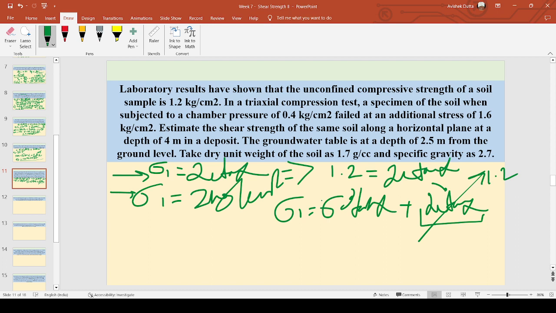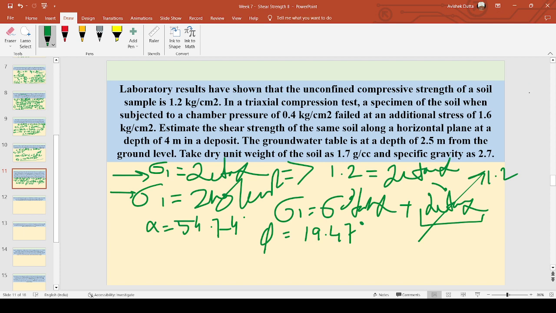The value of alpha we get from here is 54.74 degree, and hence the corresponding value of phi is approximately 19.47 degree. Now we have to find out the shear strength of a formation.